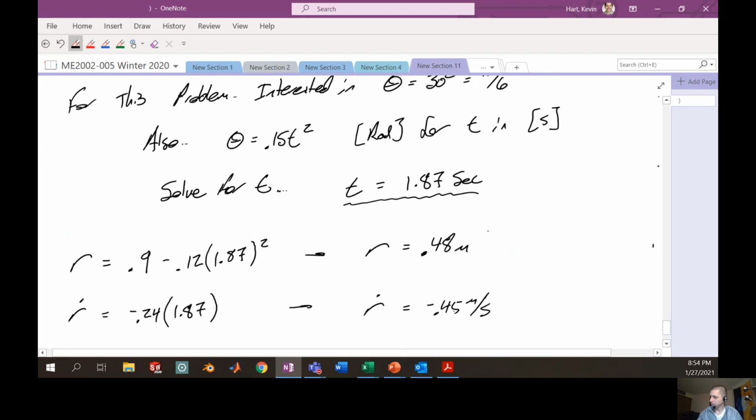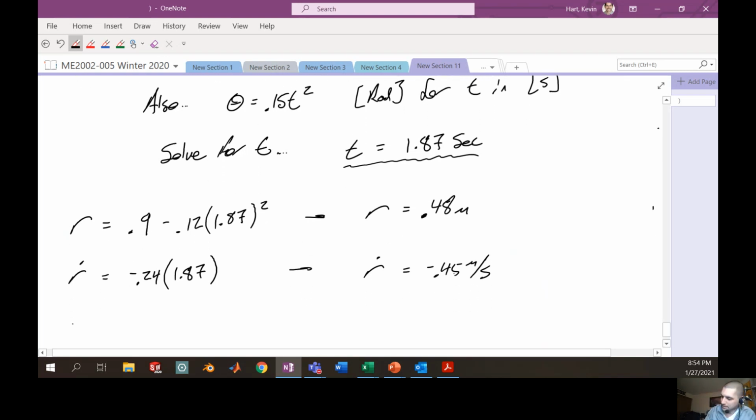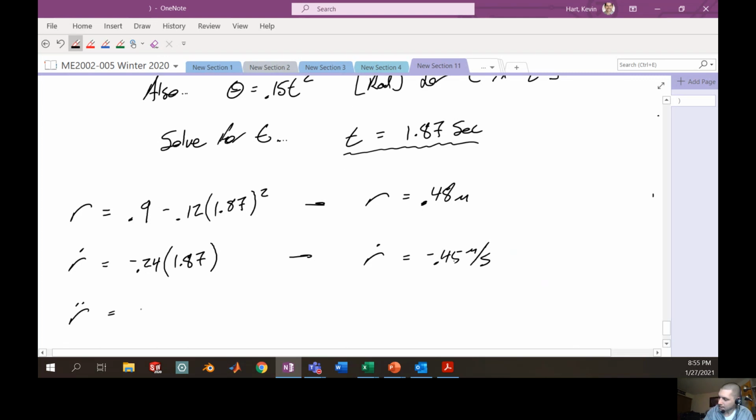Okay, so the collar is located at 0.48 meters, and it's moving towards the origin with a speed of 0.45 meters per second at this particular moment. Lastly, my acceleration is given by negative 0.24 meters per second squared. No time needed to be plugged in there, we have it already.